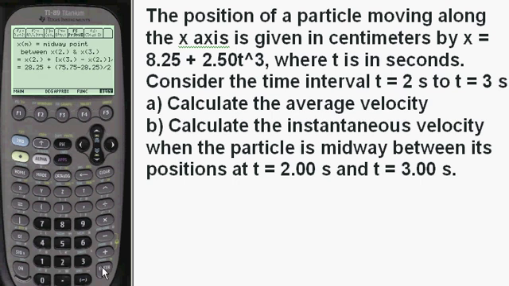Okay? And so here's the formula between x2 and x3: x2 plus (x3 minus x2) divided by 2. And we come up with 28.25, which we just found, plus 75.75 minus 28.25, divided by 2. Mark this all on your paper, and it turns out to be 52 centimeters.